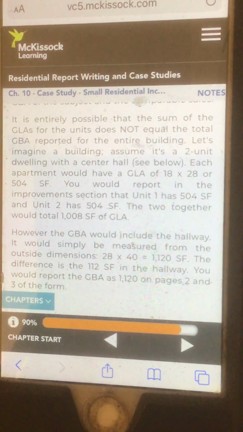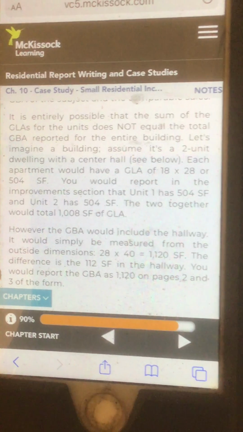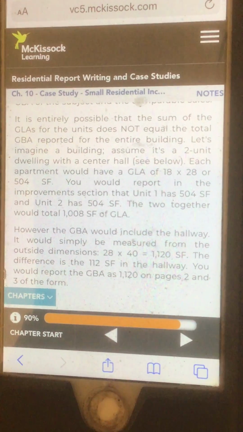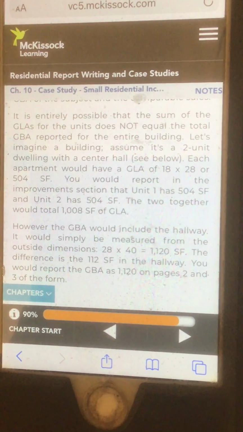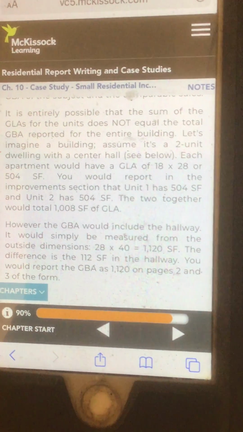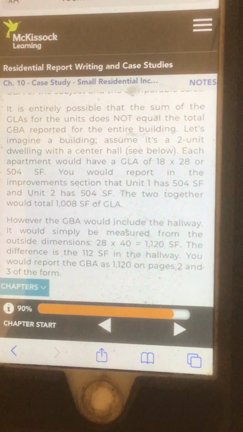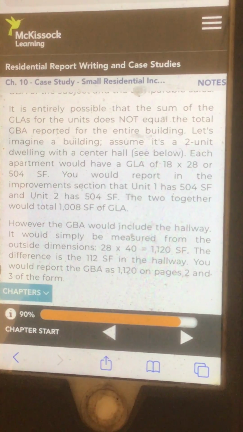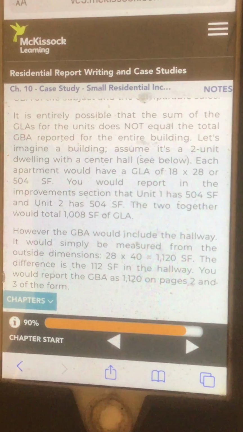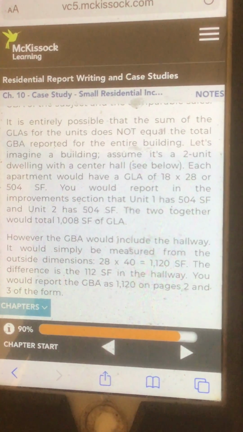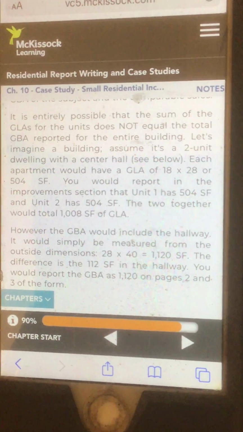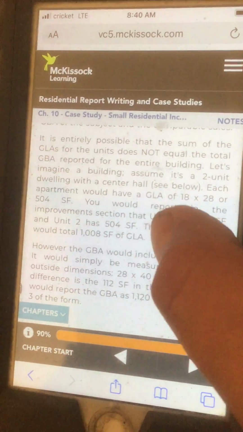It would simply be measured from the outside dimensions. 28 by 40 equals 1,120 square feet. The difference is the 112 square feet in the hallway. You would report the GBA as 1,120 on pages 2 and 3 of the form.